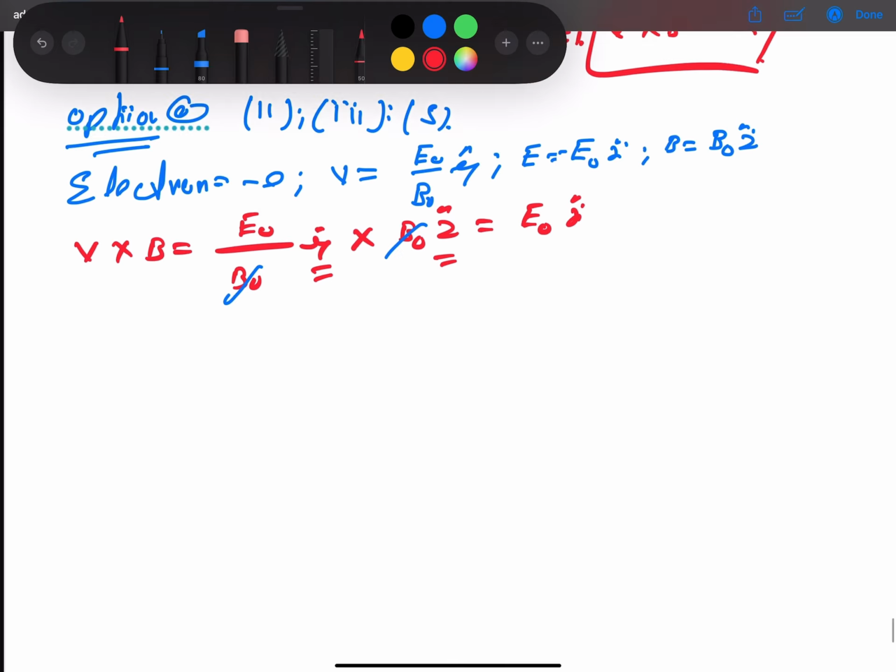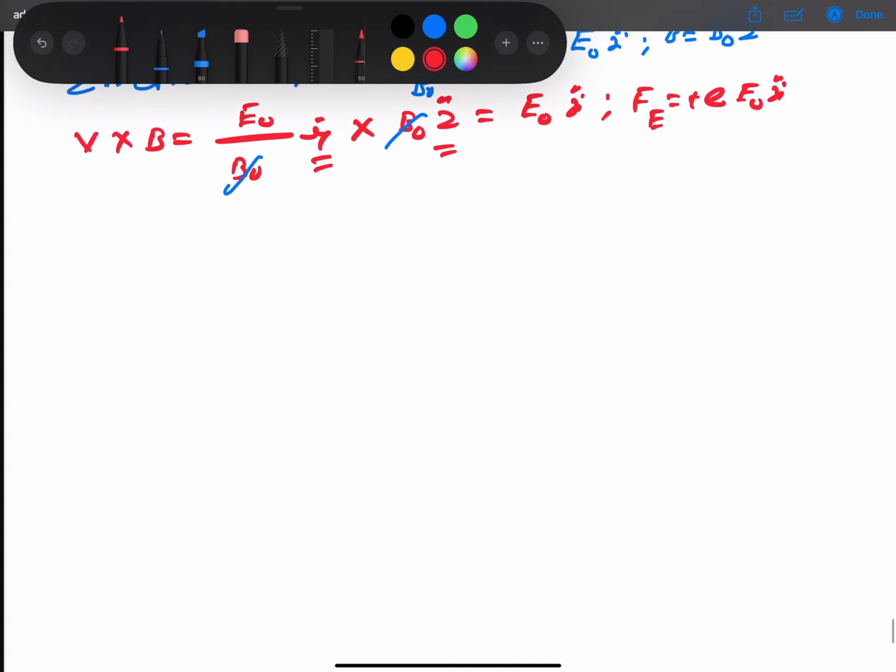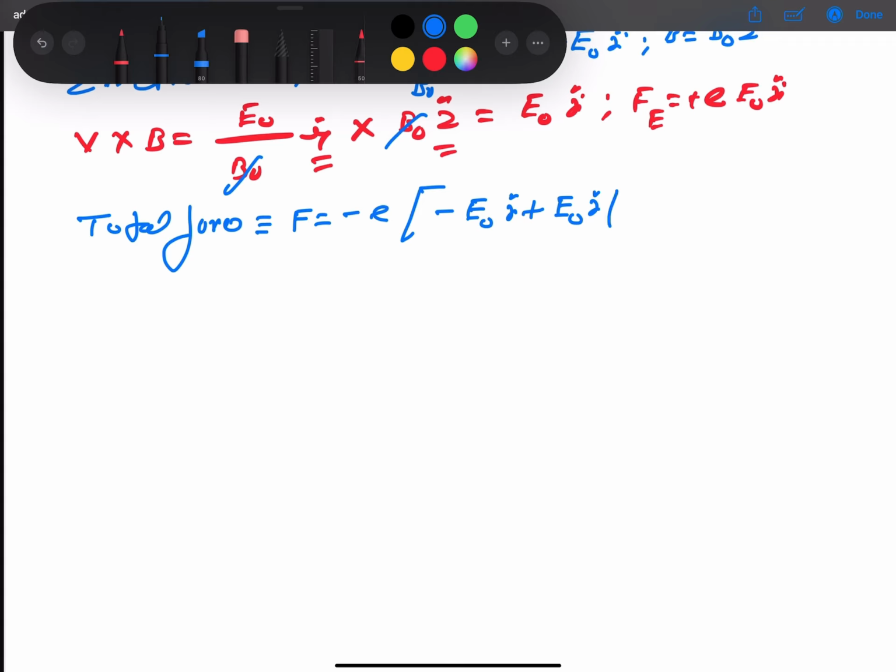And our electric force, that is Fe, will be equal to minus E times minus E naught X unit vector, which is plus E naught X unit vector. Therefore the total force F will be equal to minus E times, we have minus E naught X unit vector plus E naught X unit vector.